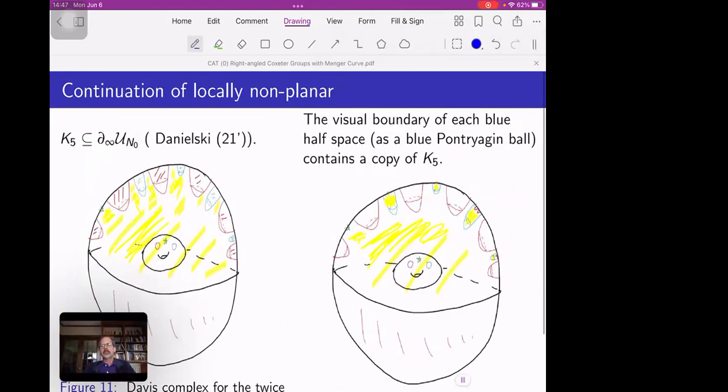According to a theorem of Dani and Thomas, in the visual boundary here there's always a K5 in the twice punctured torus. And by symmetry, you can always find another K5, because this is the hyperplane. The blue one is a hyperplane. So for each blue half space, in the visual boundary of each blue half space, there is a K5 here. There is a K5 here for each one. The infinite K5.